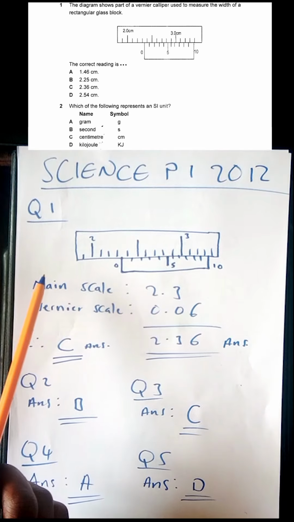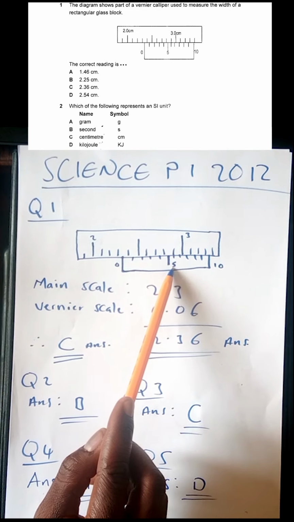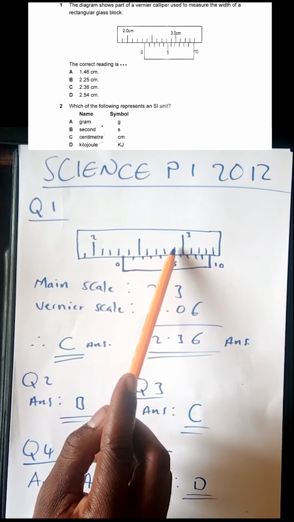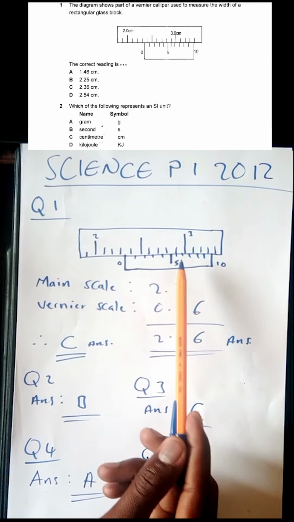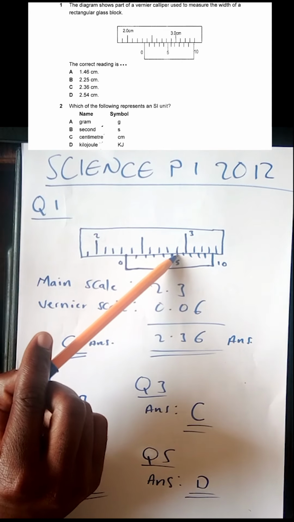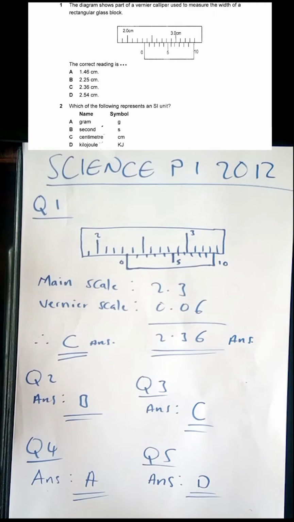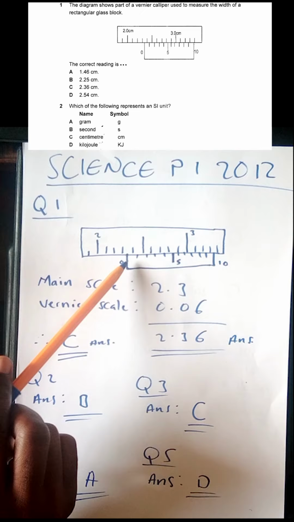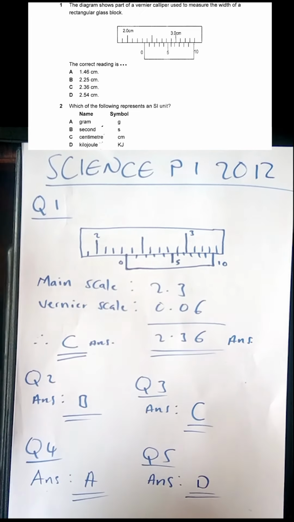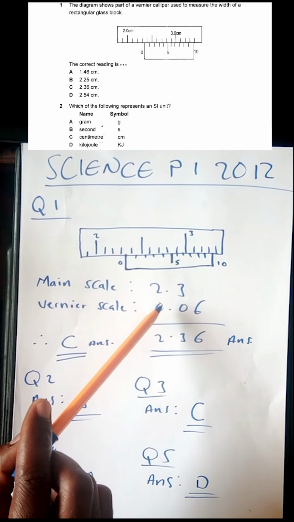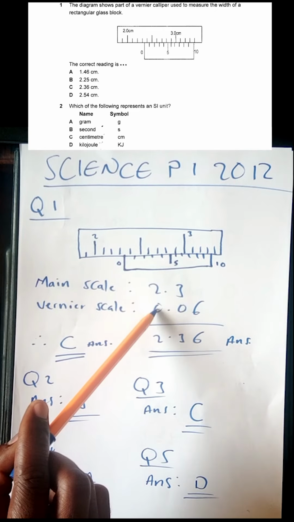So the reading on the vernier scale, it is the number where the vernier scale coincides with the main scale. The vernier scale where it coincides with the main scale, which is here. You can see this reading coincides with the reading on the vernier scale. So this is the reading that we have to get. So what's that reading? That's 0, 0.1, 0.2, 0.3, 0.4, 0.5, 0.6. So we divide it by 10, it will be 0.06.